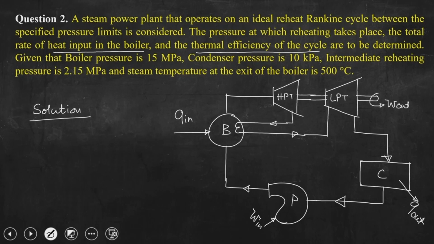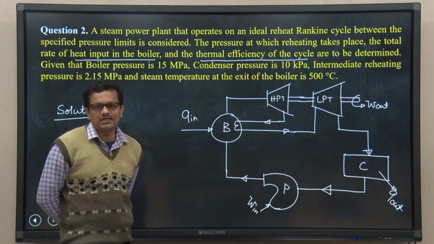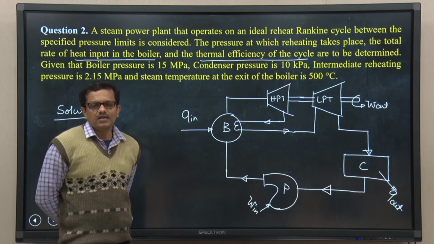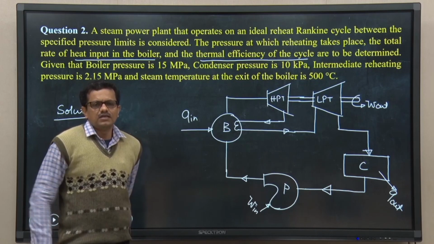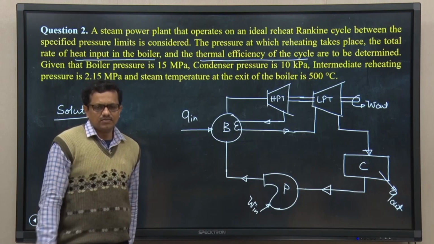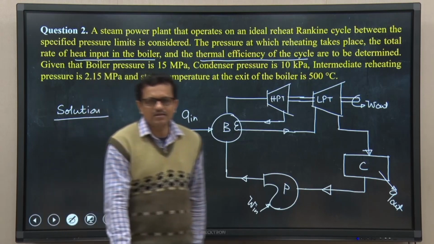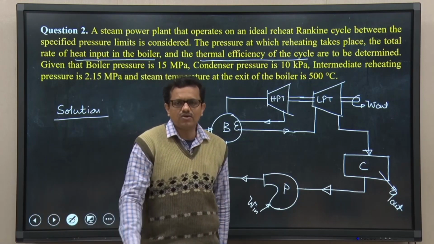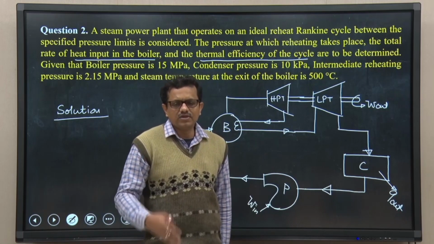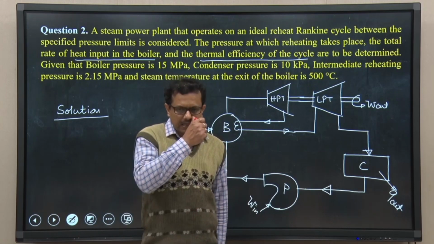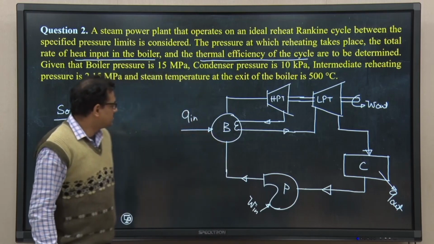Now, let us draw the TS plane, because we have seen that if we can represent all the processes in the TS plane, then we can easily calculate the energy interaction, either heat or work, between the system and the surroundings.